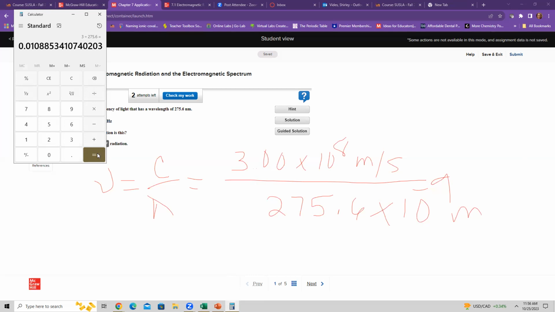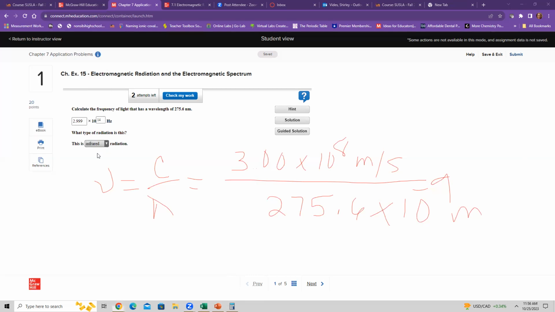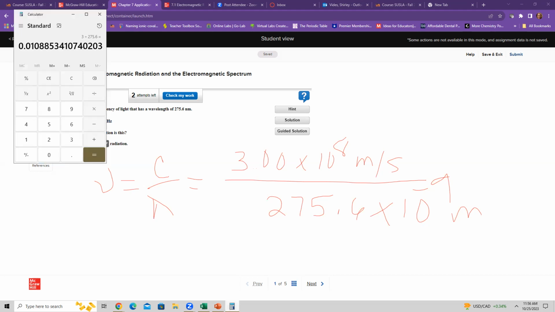See, this time it's not the same. It's 0.0108889, because it has 4 sig figs.